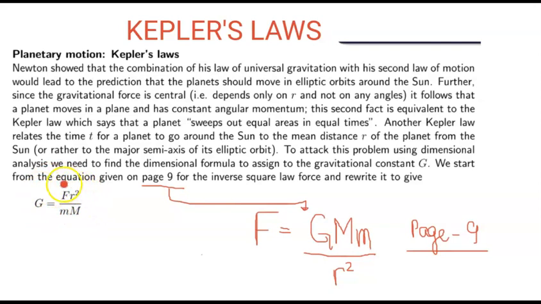Once we have this formula, we will use it to find the dimension of G. Now we have G equals F r squared over Mm.